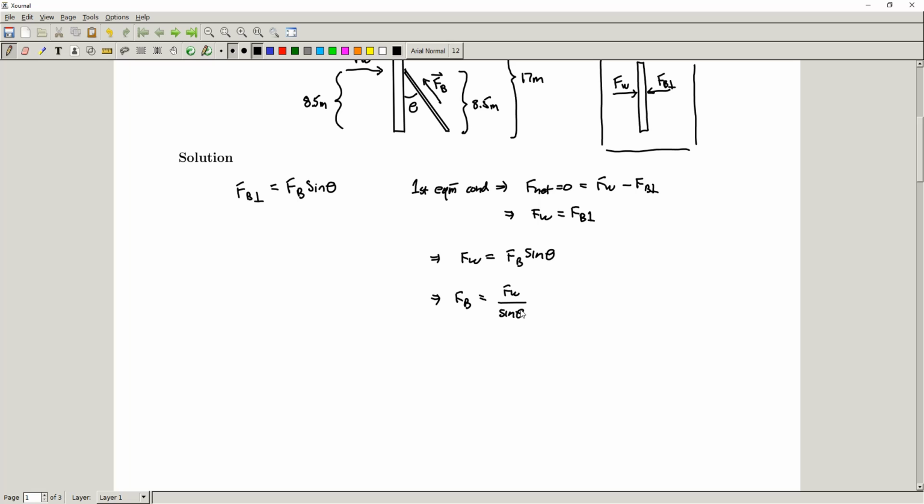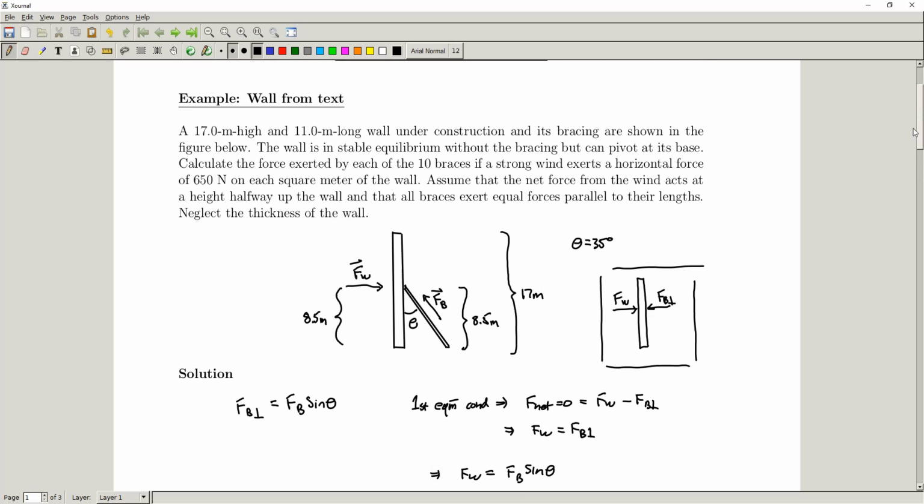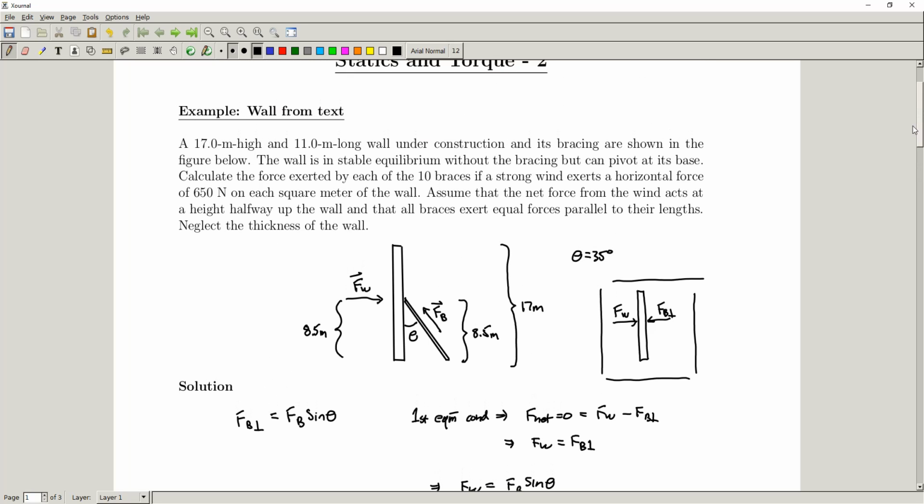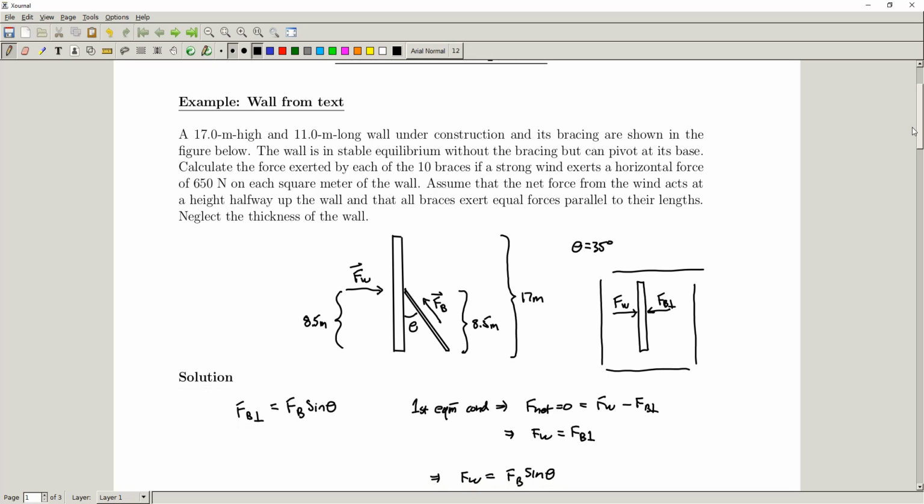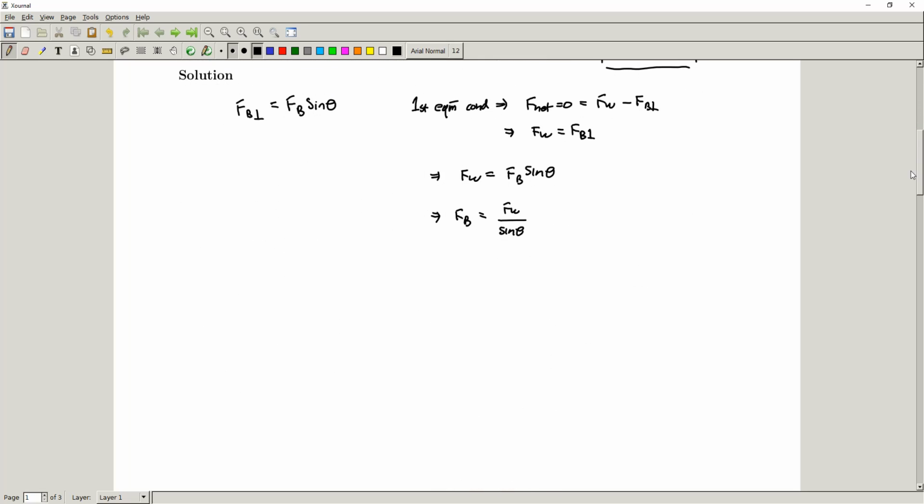So we have 650 newtons per square meter on the wall, and our wall is 17 meters high and 11 meters wide. Let's just find the total area of our wall. We have 17 times 11. That's going to be 187 meters squared.